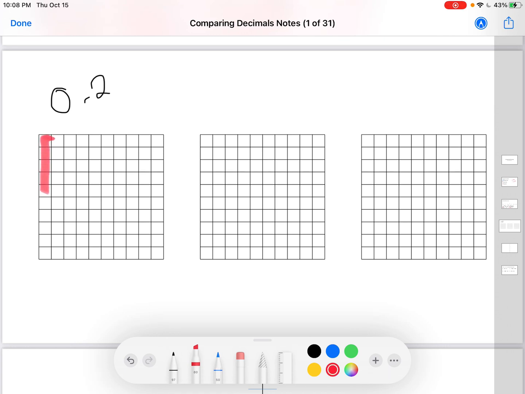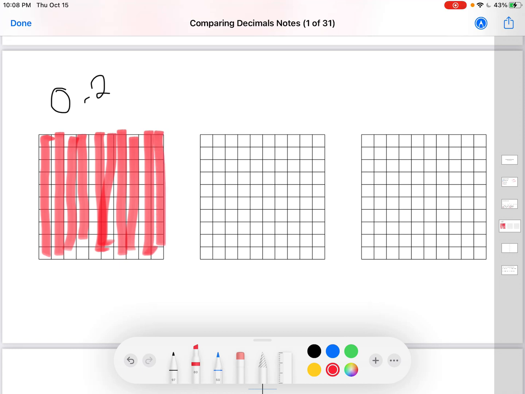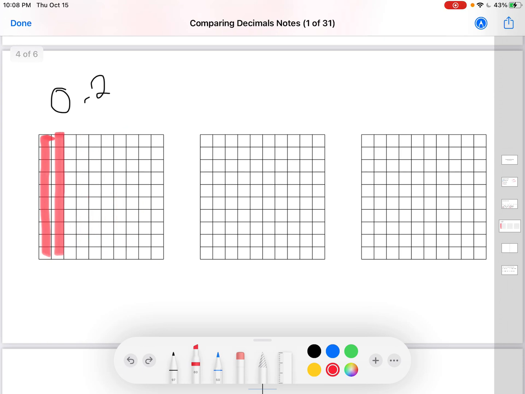So I would shade in 2 of these lines because there are 10 of them all together. 1, 2, 3, 4, 5, 6, 7, 8, 9, 10. 10 tenths is 1 whole. So that's 2 tenths.